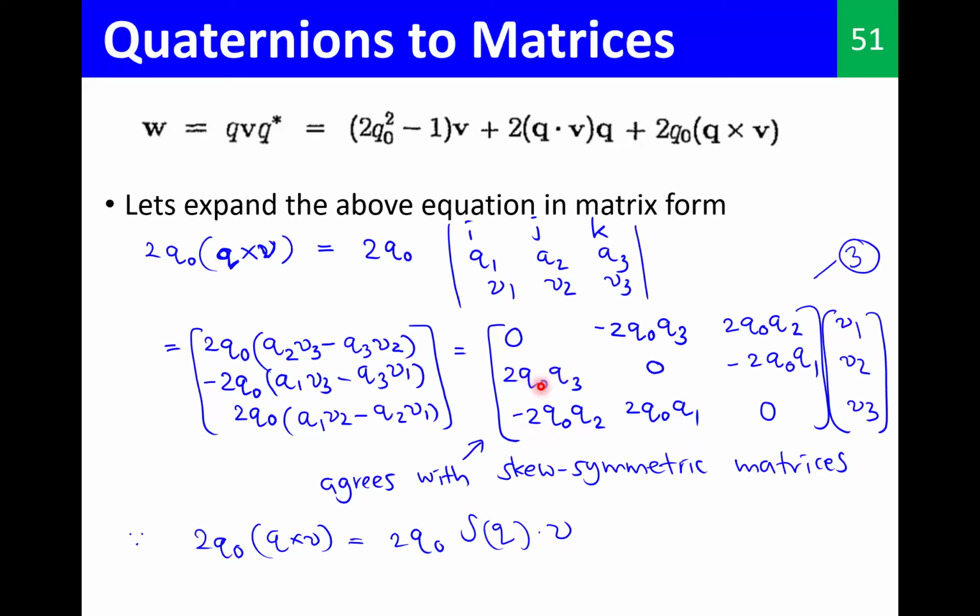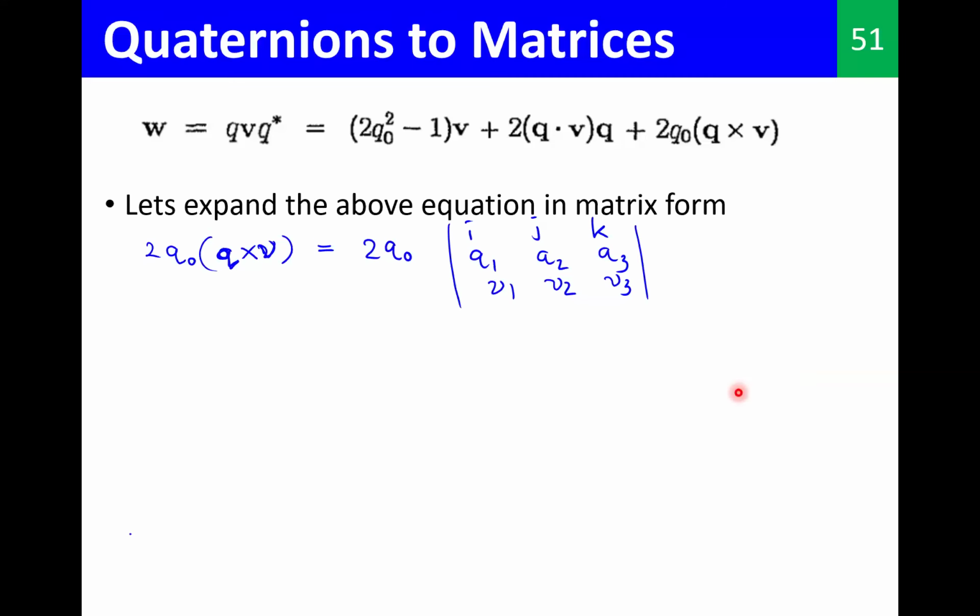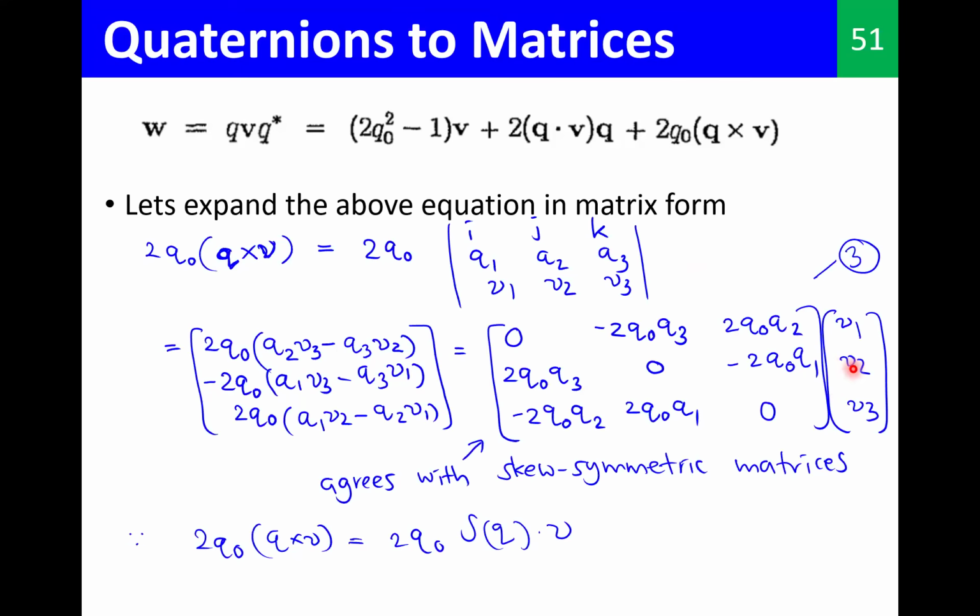And this 2Q0 comes from this, since every term is multiplied by that. So this is that, and V is this one. So the skew symmetric matrix part is also there, and I created this third. Now I have 3 equations: this one, this one, and this one.